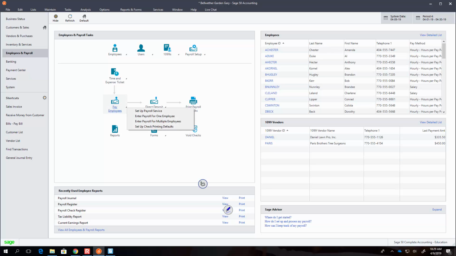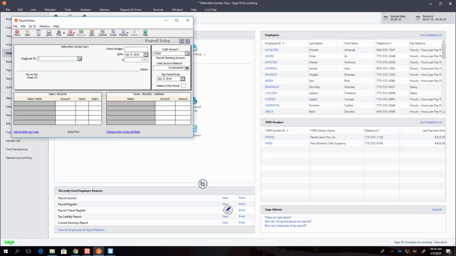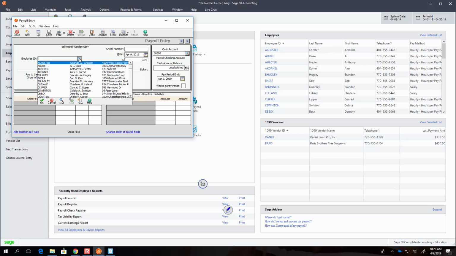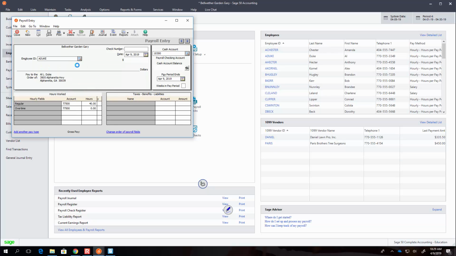So I'm going to pay for one employee. It brings up a nice little paycheck scenario. I'm going to pull somebody in here. Duke, he sounds cool. All right, so Duke got 40 hours. I gotta keep it at 40. I don't want to be terrible here. I'm going to put 10 hours of overtime.